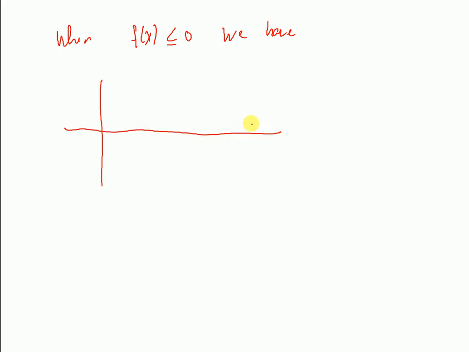So imagine we have this function, and this is 0, and this is some negative 1, and so on, right? 2, 3, 4. Now, for example, I have the curve to look somewhat like this.